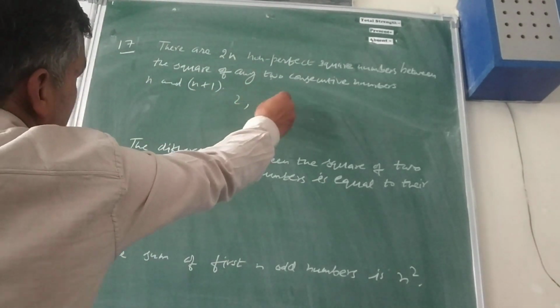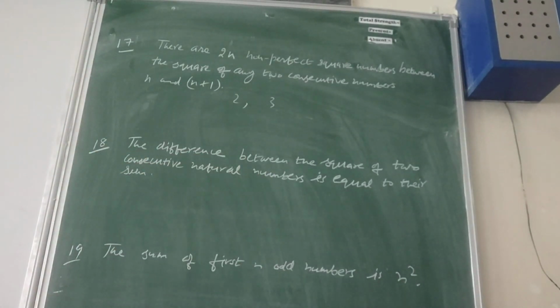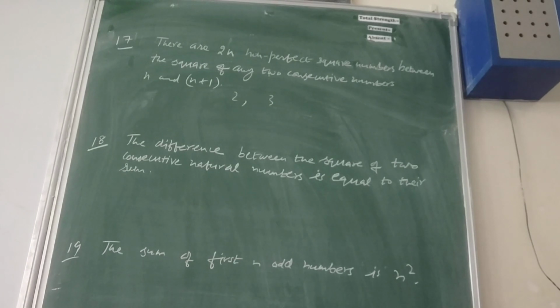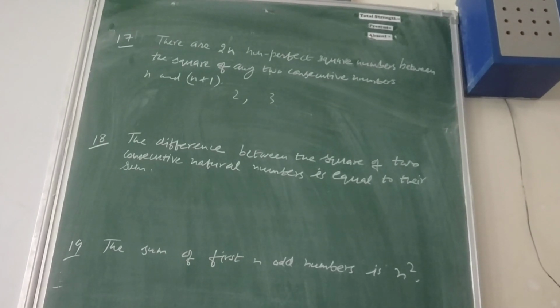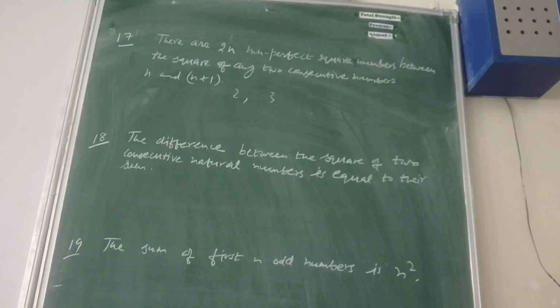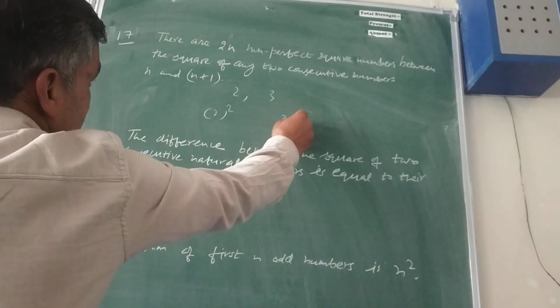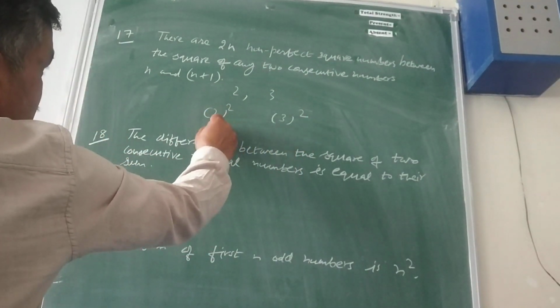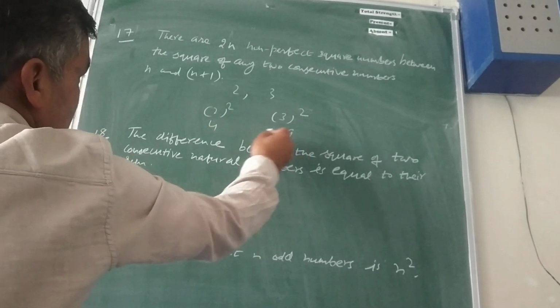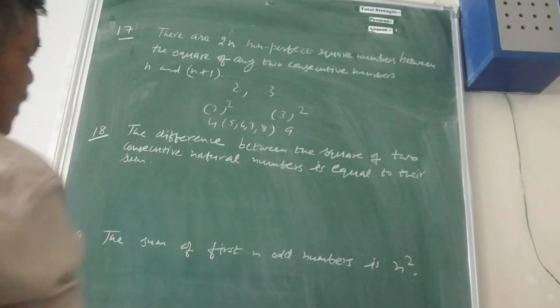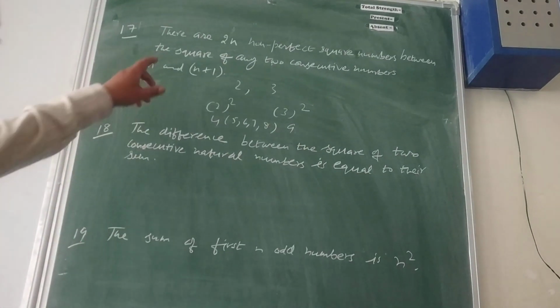Suppose I am saying 2 and 3. 2 and 3 are consecutive numbers. So if I get the square of 2 and the square of 3, what happens? 4 is here and 9 is here. Between these I am getting 5, 6, 7 and 8. There are 4 numbers. So that is the result here.